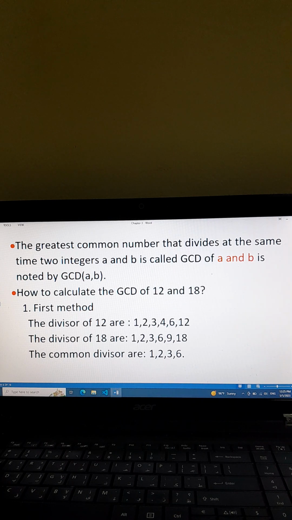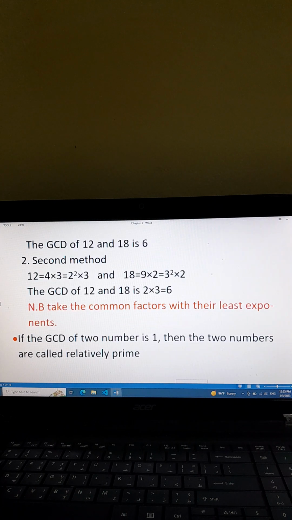The common divisors are 1, 2, 3, 6, but the greatest common one is 6. So the GCD of 12 and 18 is 6, because 6 is the greatest common factor.